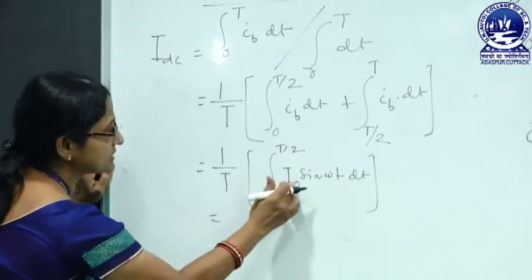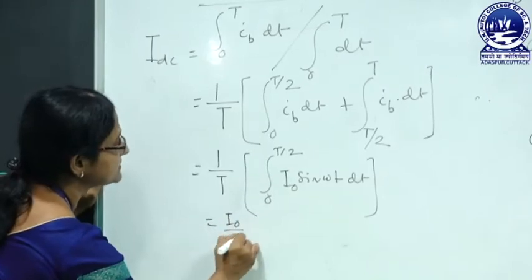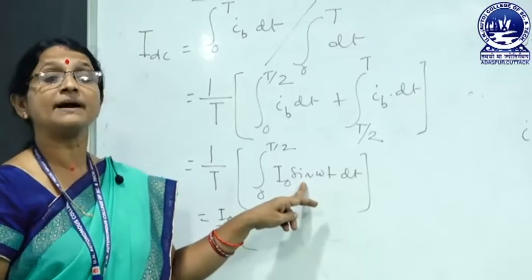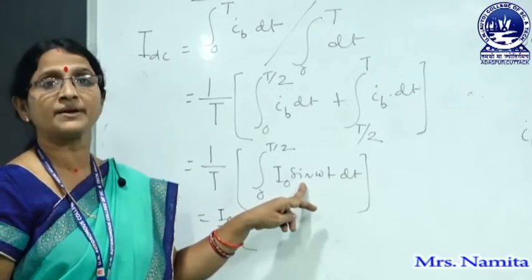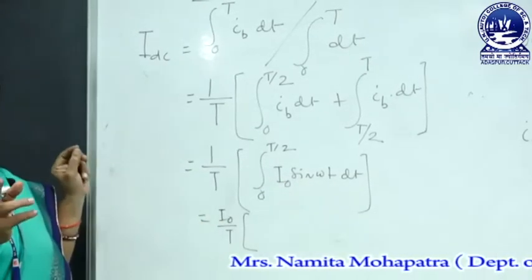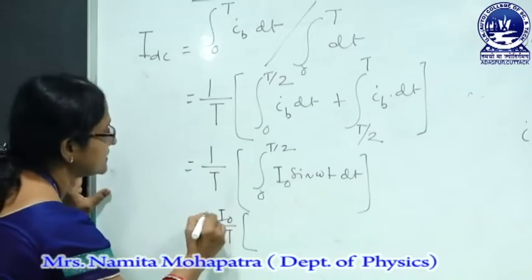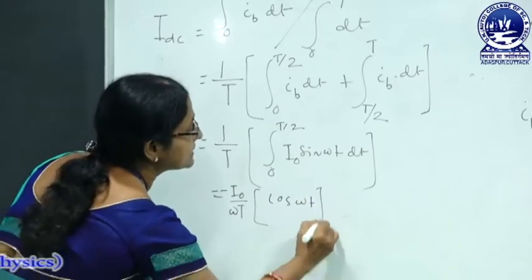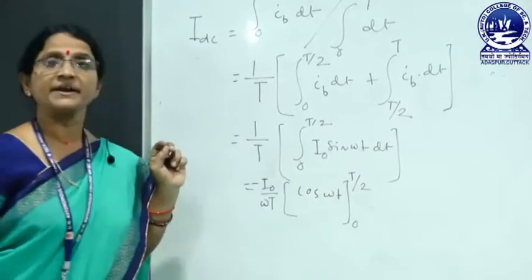We know the constant term can be taken outside. And what is the integration of sin omega t? That is minus cos omega t divided by omega. Omega is also constant, taking it outside of the integration, so only cos omega t is present, and the limit is from 0 to T by 2.